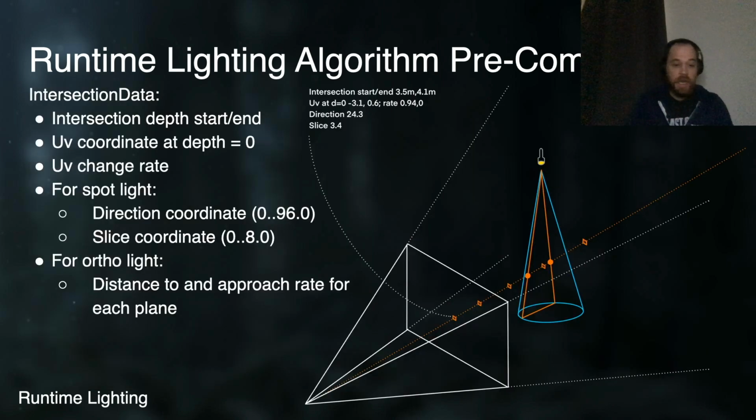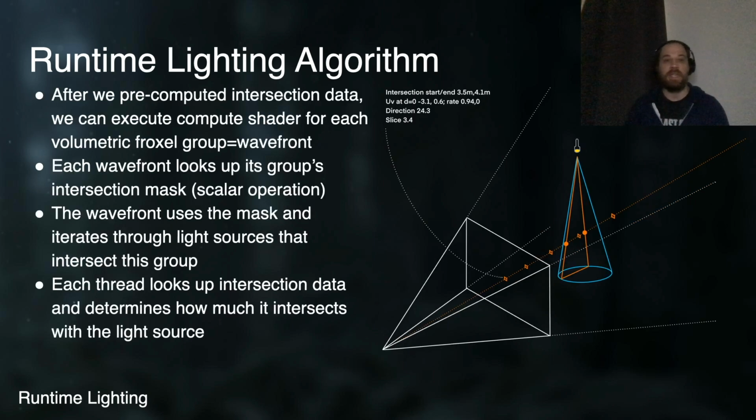The intersection data per Froxel line itself would be the intersection depth start and end, and the UV coordinate in that pre-integrated texture starting at camera depth 0, and the rate of change of the UV. For spotlights, it's the direction and the slice coordinate, and for ortho lights, it's just the distance and approach rate to each one of those planes.